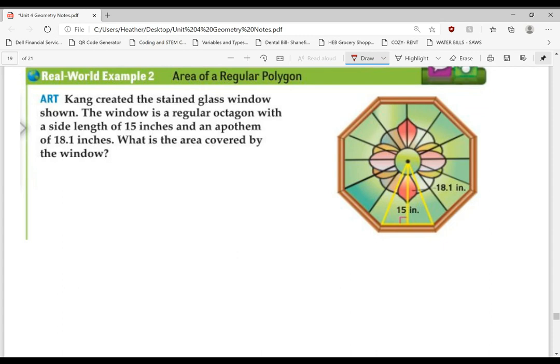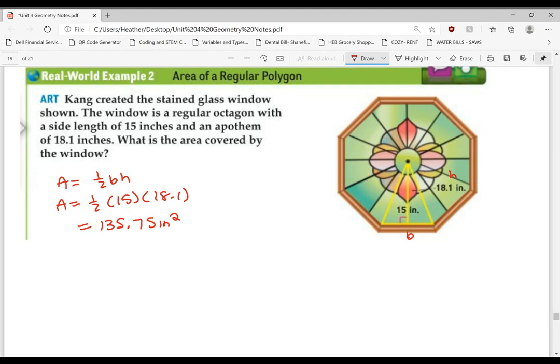Now we need to find the area of one of the triangles. Remember, the area of a triangle is 1/2 base times height. Our base is 15, and our height is 18.1. So area is equal to 1/2 times 15 times 18.1. This comes out to 135.75 inches squared.